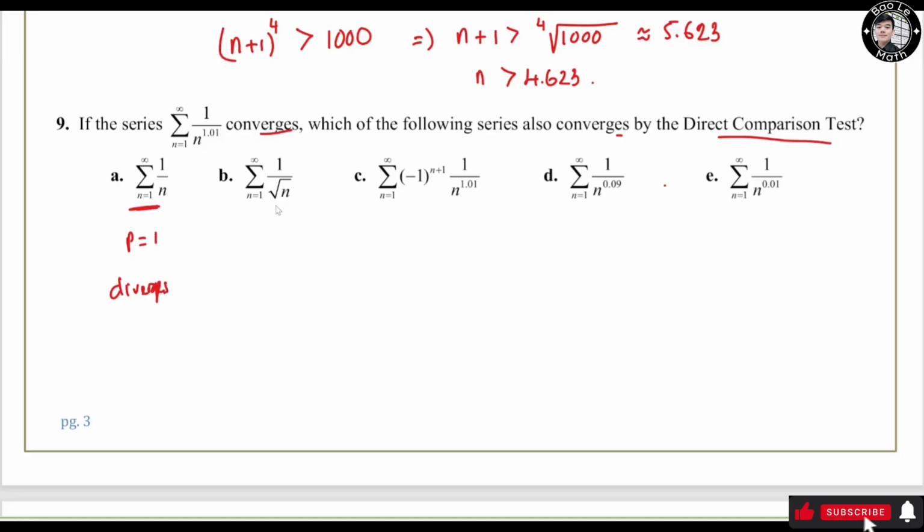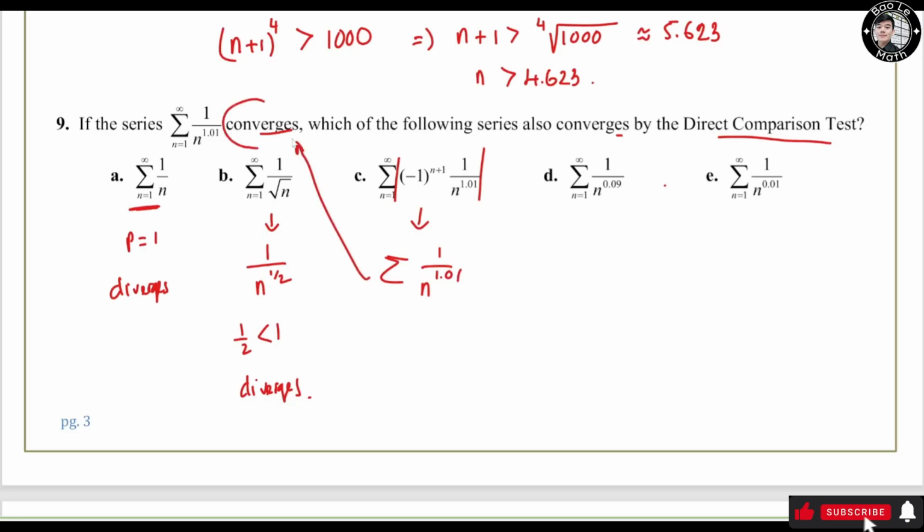Now this one can be written as 1 over n to the power 1 half, so 1 half less than 1, this one diverges. Now for this one right here, we take the absolute value, and it turns out to be the series of 1 over n to the power 1.01. This one converges, so this is the right answer.